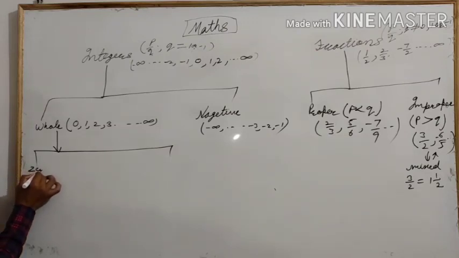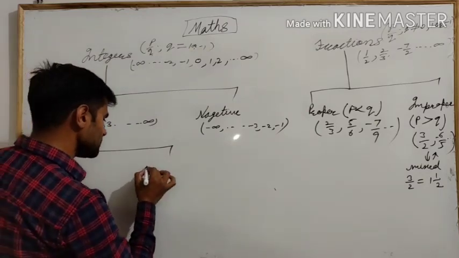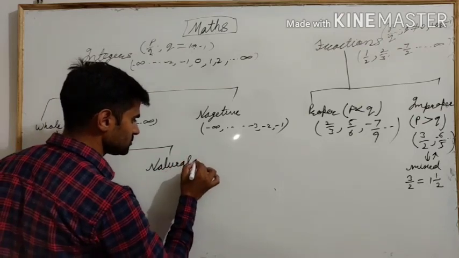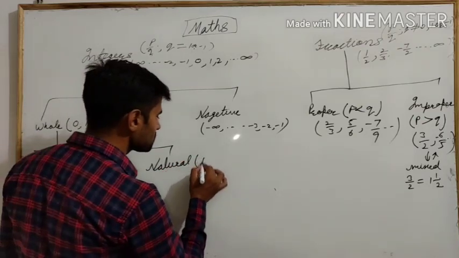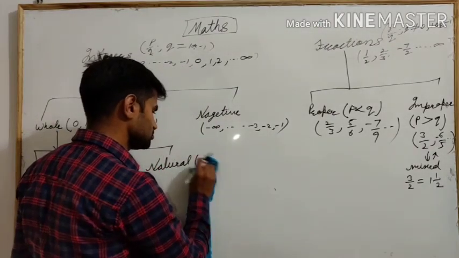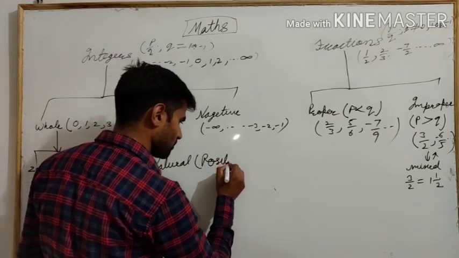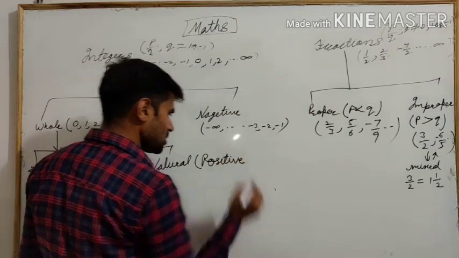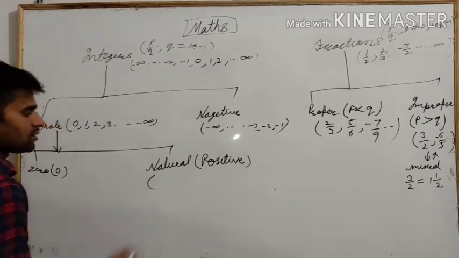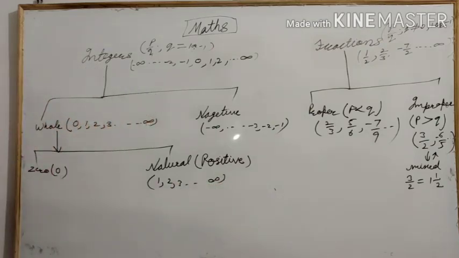First, 0 and second is natural numbers, or positive numbers. They start from 1, 2, 3 to infinity.